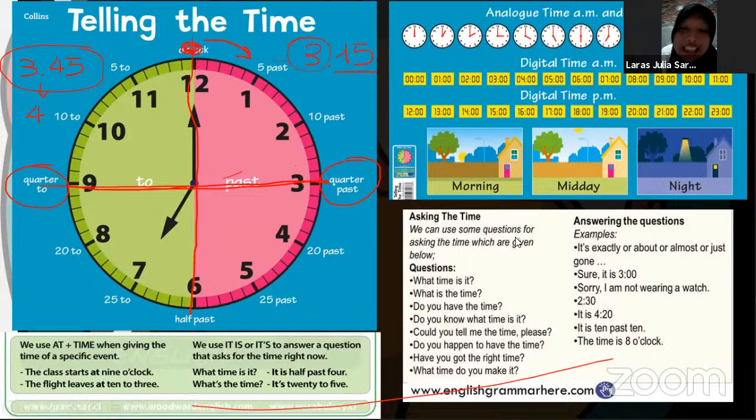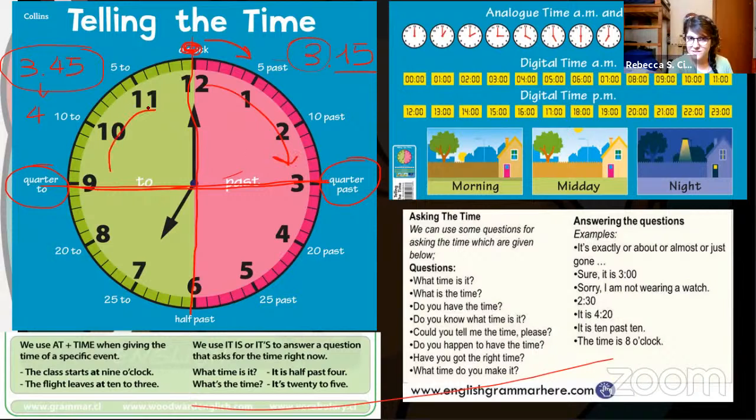If I'm at 2:30, we could say 2:15 a.m. Is it like that? Oh no. We only talk about quarters in the first and the last. Here we just say half because 2/4 is half.